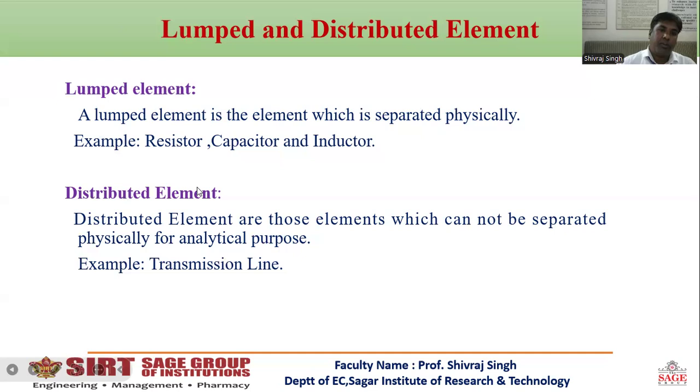And distributed elements are those elements which cannot be separated physically for analytical purposes. So basically, the best example is the transmission line. In a transmission line, n number of components are connected together. This is basically an electrical element.